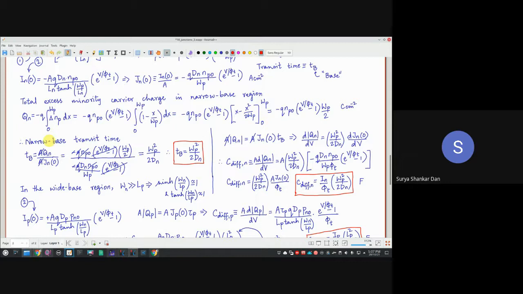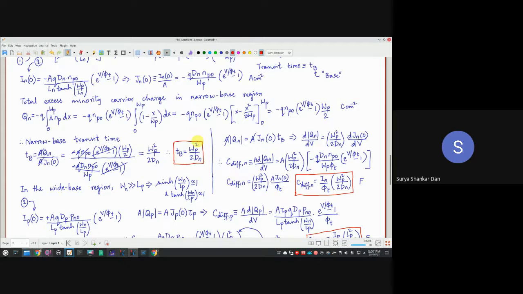In other words, charge is equal to current into time. Current is defined as the rate of flow of charge, right? So that is where it comes from. Okay, so I put the expression for Qn from this one, the same expression I have put, and then jn0 is this relation I have put over here. Then cancel and all that, and you will finally get Wp squared by twice Dn.